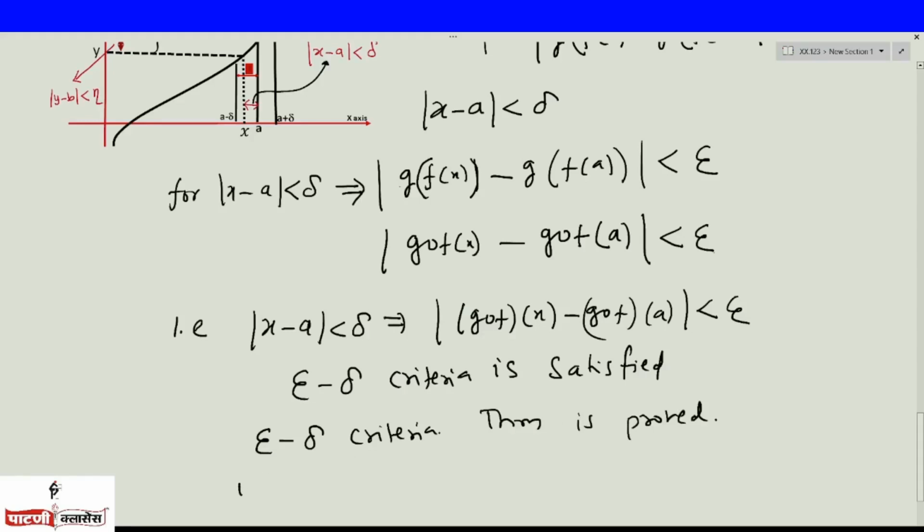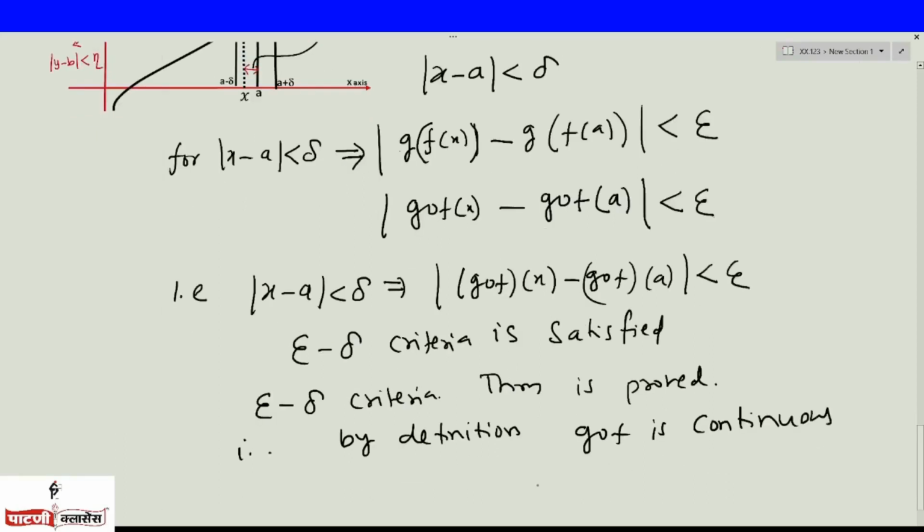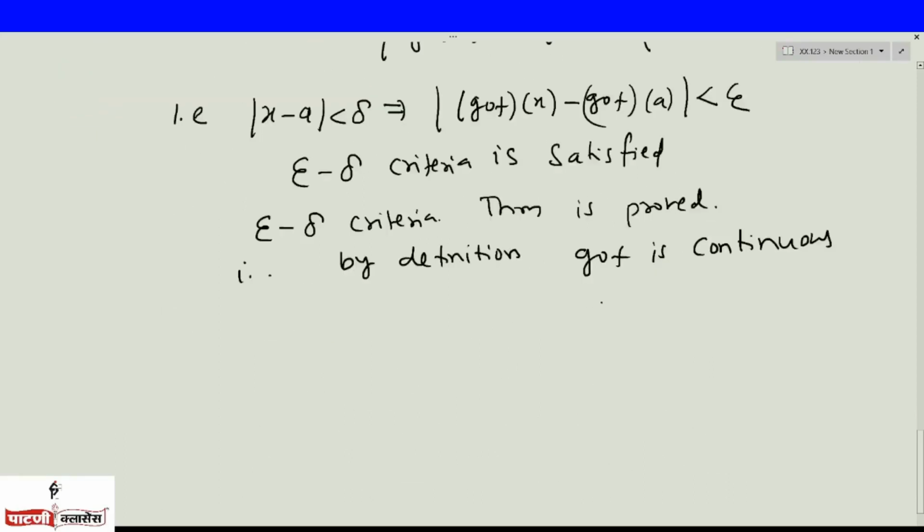That is, by definition and by the given condition, GOF is a continuous function at x equals a. Hence proved.